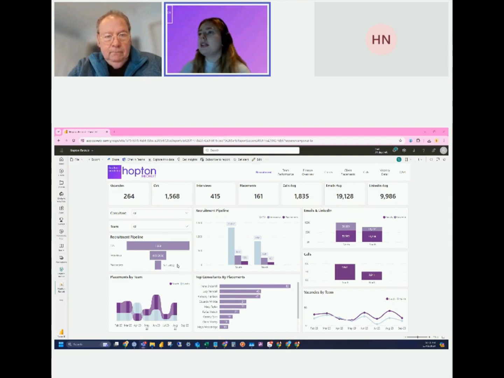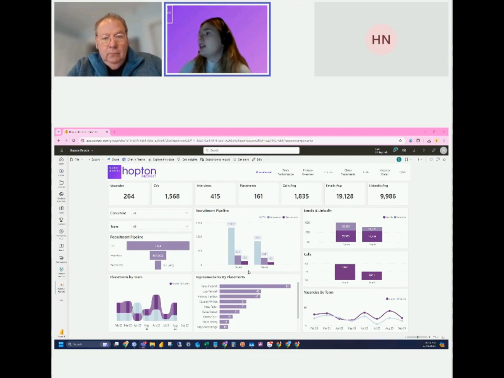We've also got to look at the recruitment pipeline here on the left and in the middle. So what does our recruitment pipeline look like? How effective are we in terms of the activity that we're doing across the whole business? How many CVs does it really take to be able to make a placement or to get an interview? And what is that difference between the teams? In this use case, we're looking at a business that's separated into 2 teams, the North and the South Division.